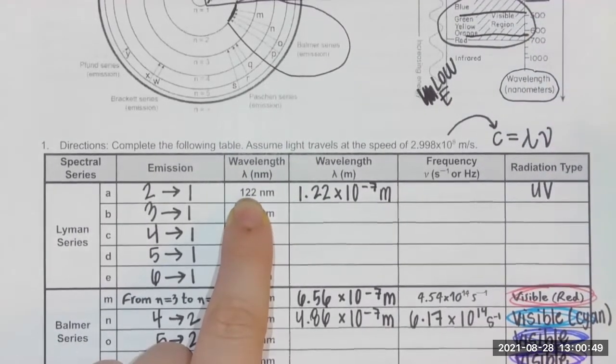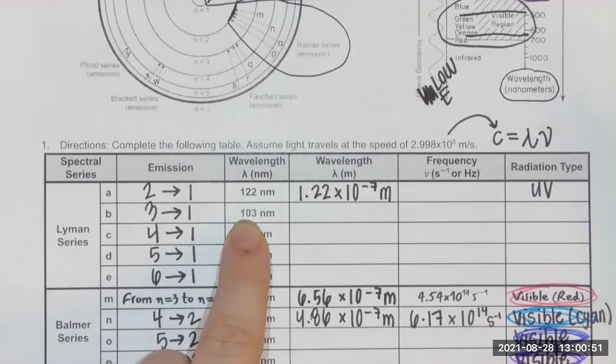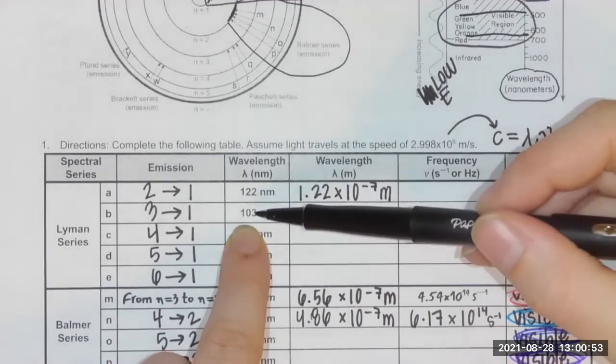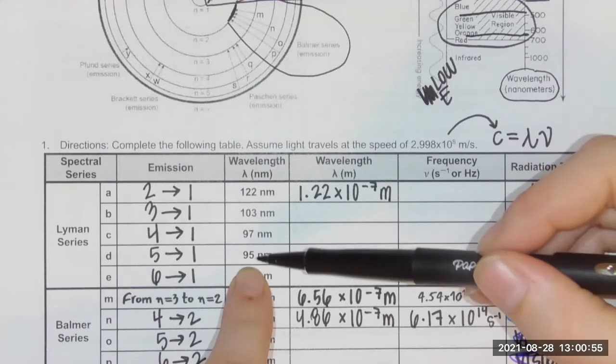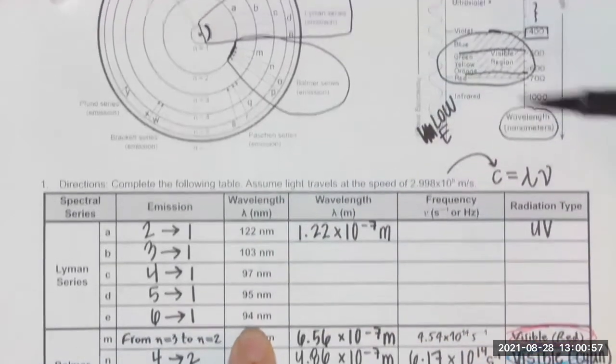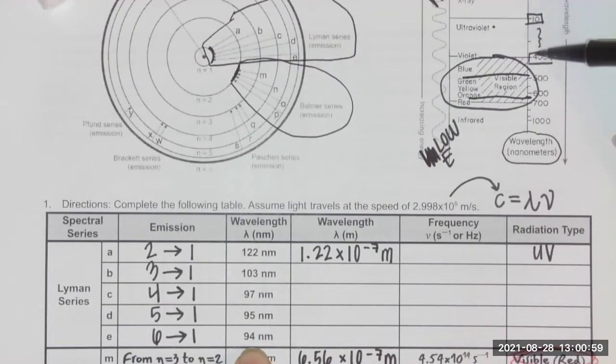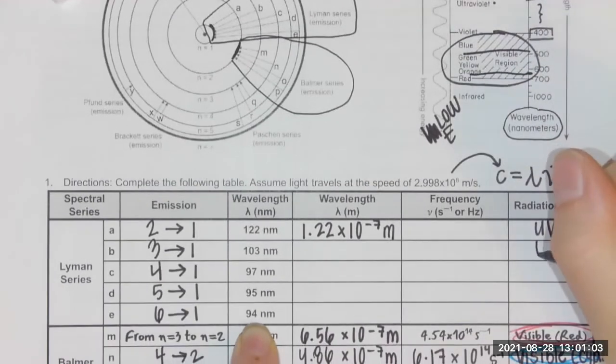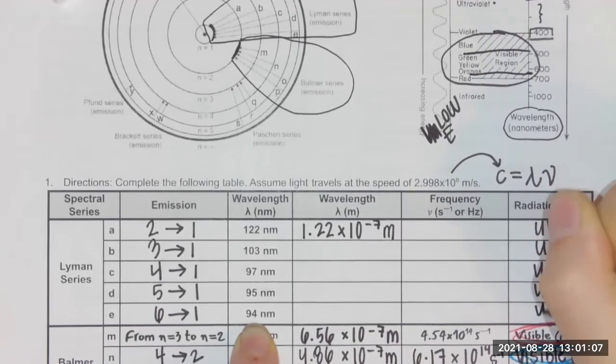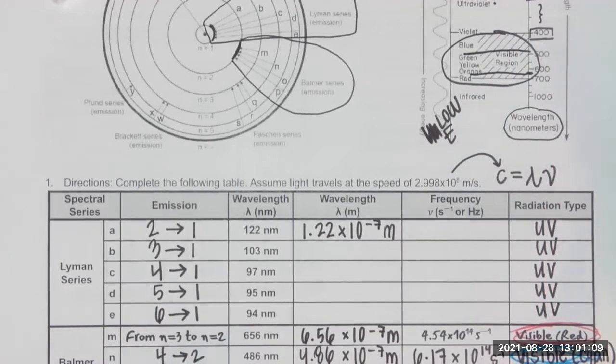We can't see it. And that's where all of these are going to be, right? 103, 97, 95, 94. They all fit between 10 and 400 nanometers. So while I'm at it, let me just do UV, ultraviolet.